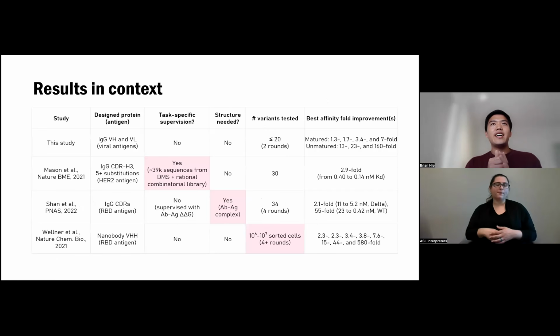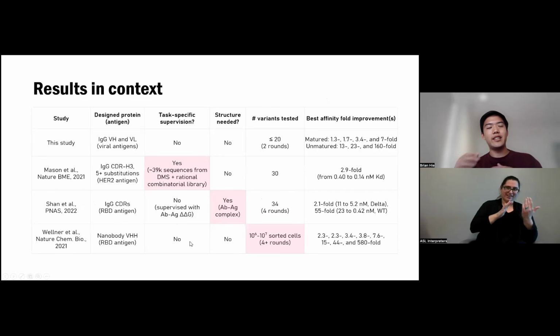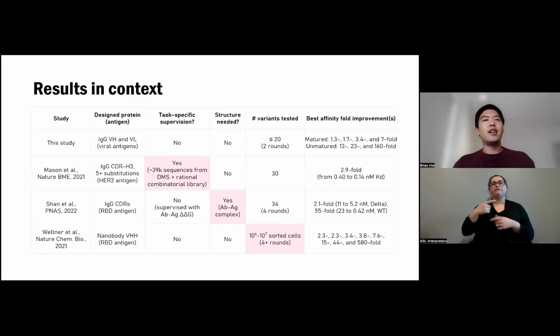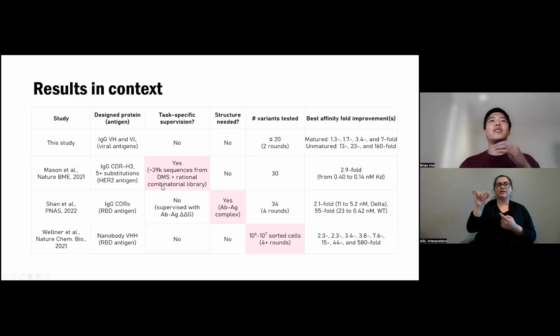Just very quickly, these are some results compared to other studies that are doing affinity maturation of antibodies using various techniques, and these are all really great studies. They're all extremely cool in their technologies. So Mason et al. have this mammalian cell surface display approach where they can screen up to 39,000 sequences that they make to train a supervised model.